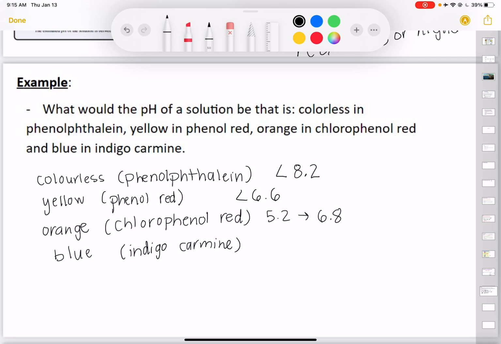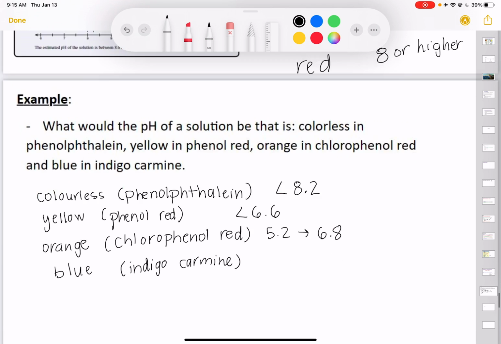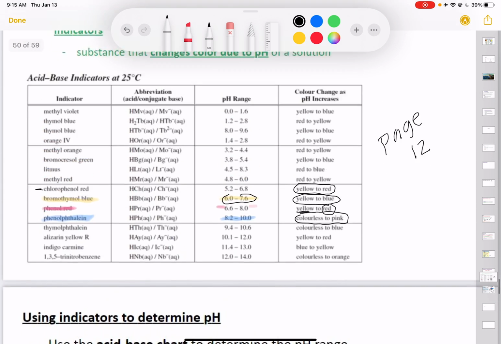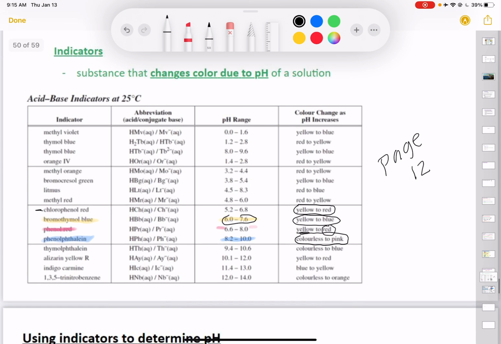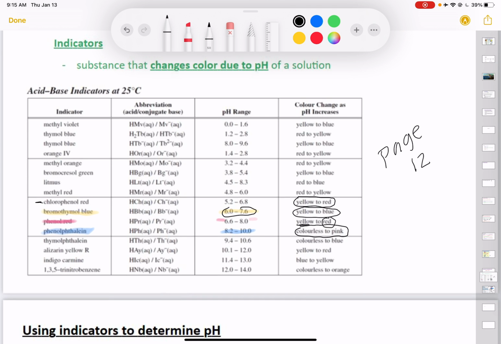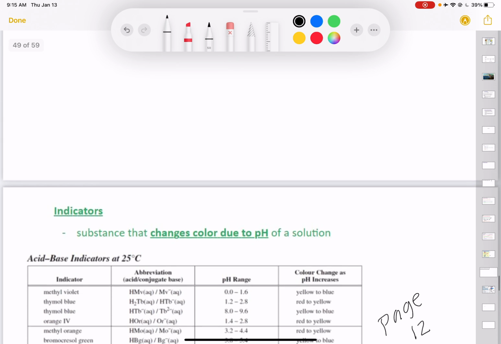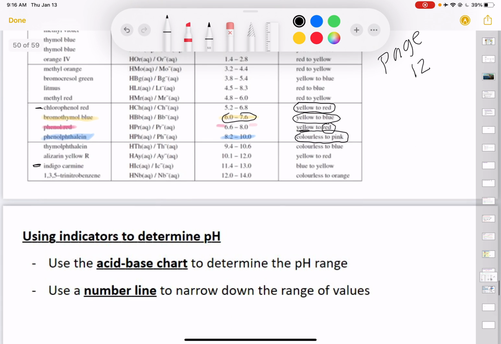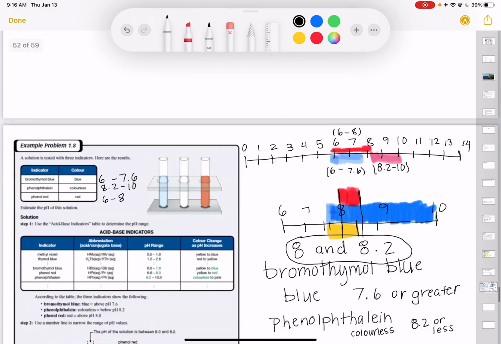We know it's somewhere in between there, if it's orange. So I'm just going to write that full range there. And then blue in indigo carmine. So that's right here. Blue means that it's on the low range, so less than 11.4.